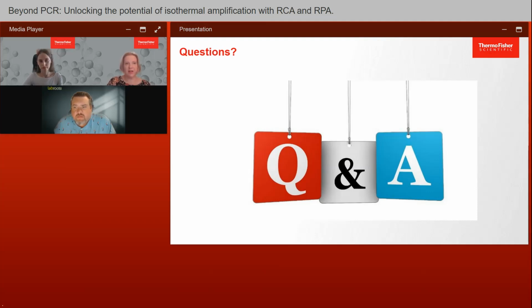But if you have well-designed LAMP primers, specificity is really great. RPA, from the other end, is very easy to design. It's only 2 primers. So this is the main advantage. Also, it can be combined with other techniques to increase specificity, such as CRISPR-Cas systems.